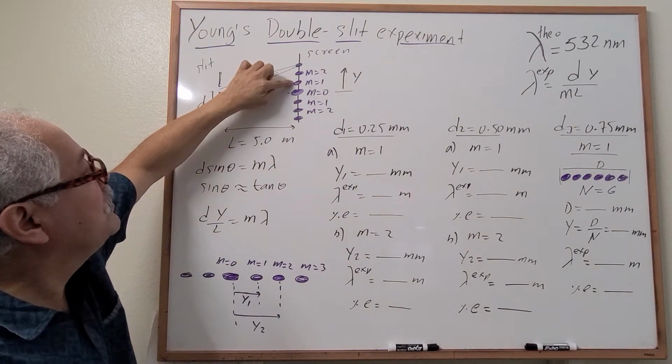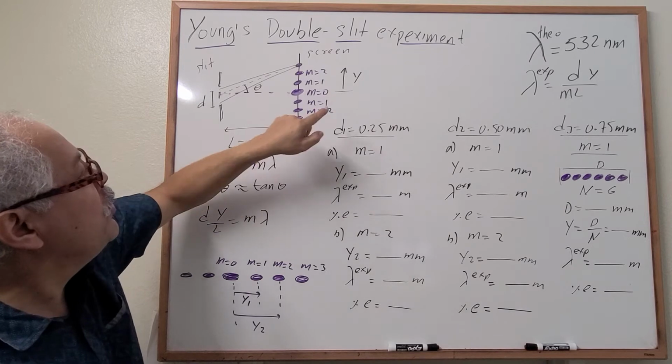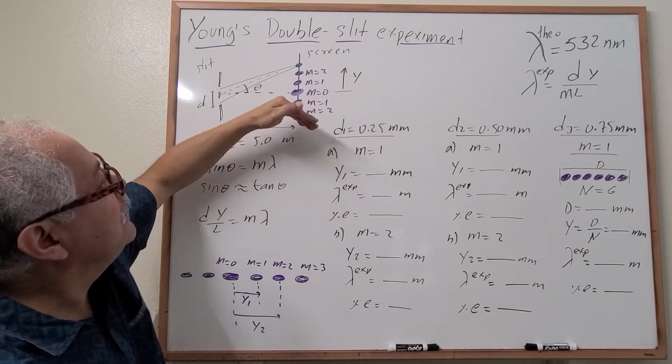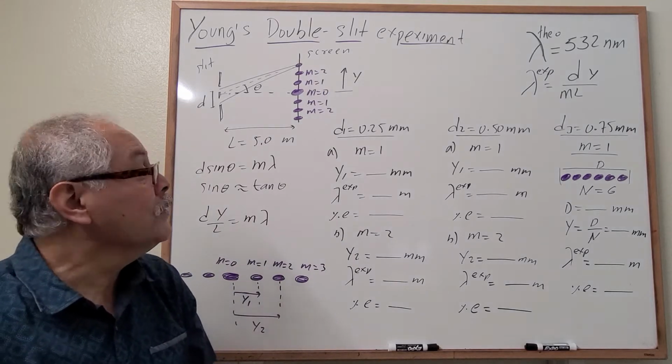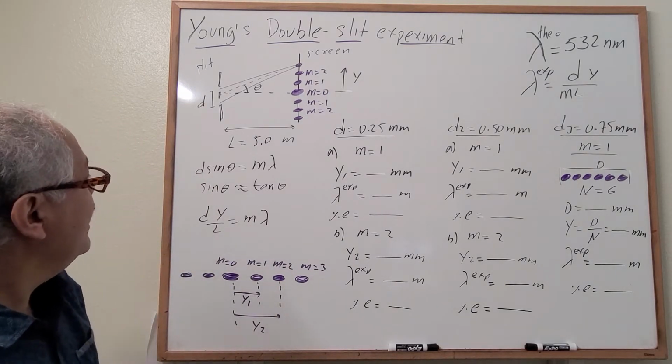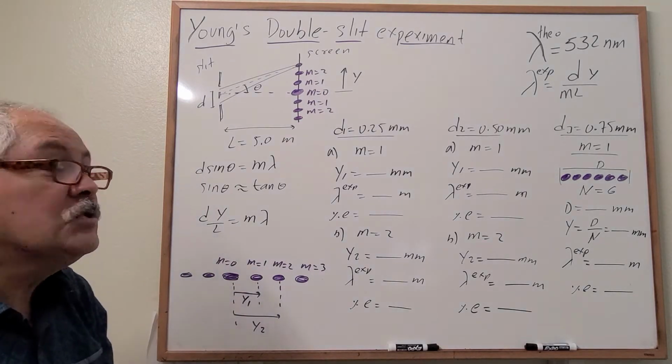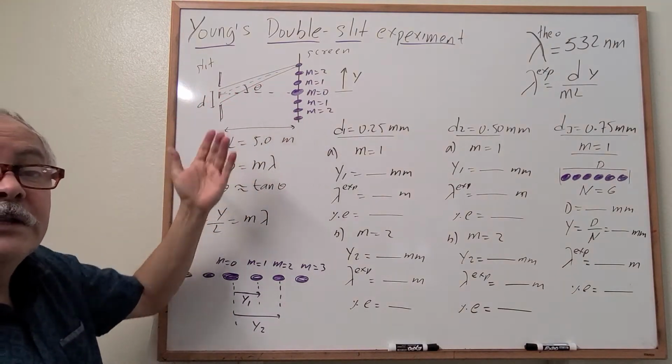Later we have m equals 1, m equals 2, and so on, going above or below the center one, correct.